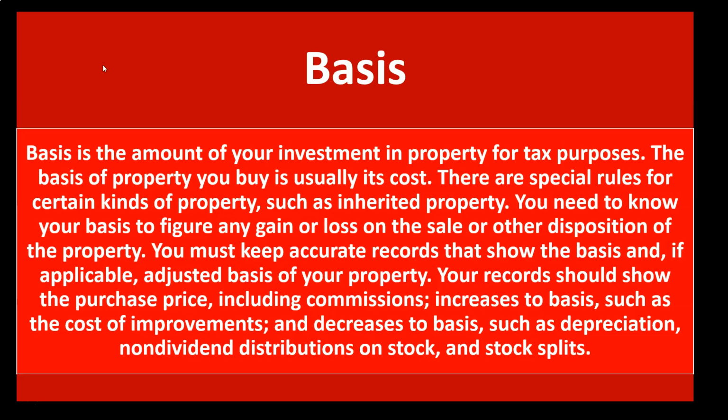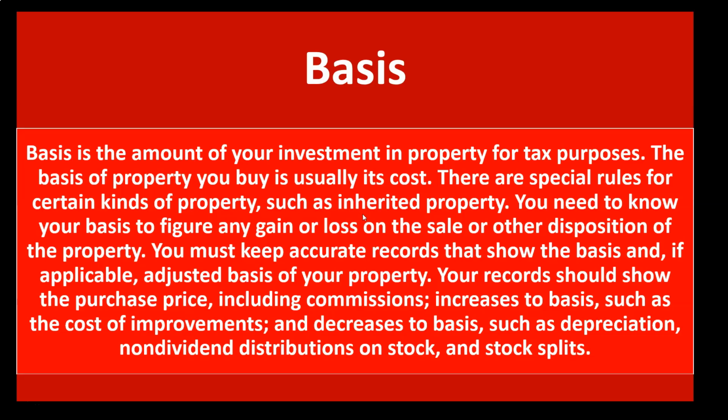There are special rules for certain kinds of property, such as inherited property. So notice that if you say, okay, well, the basis is going to be cost, right? And then you have a situation where someone inherited the property, well, then you got to go into the inheritance rules. And once again, most of the times this information oftentimes will be provided by the broker.